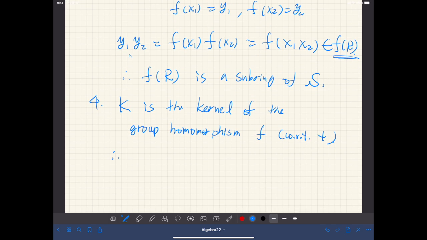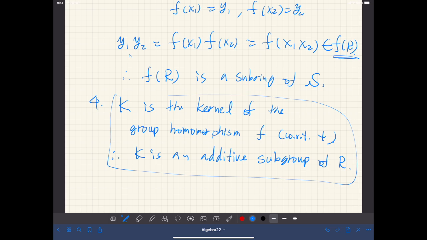Therefore, K is an additive subgroup of R. So this is already proved for groups, so we just take it for granted here.